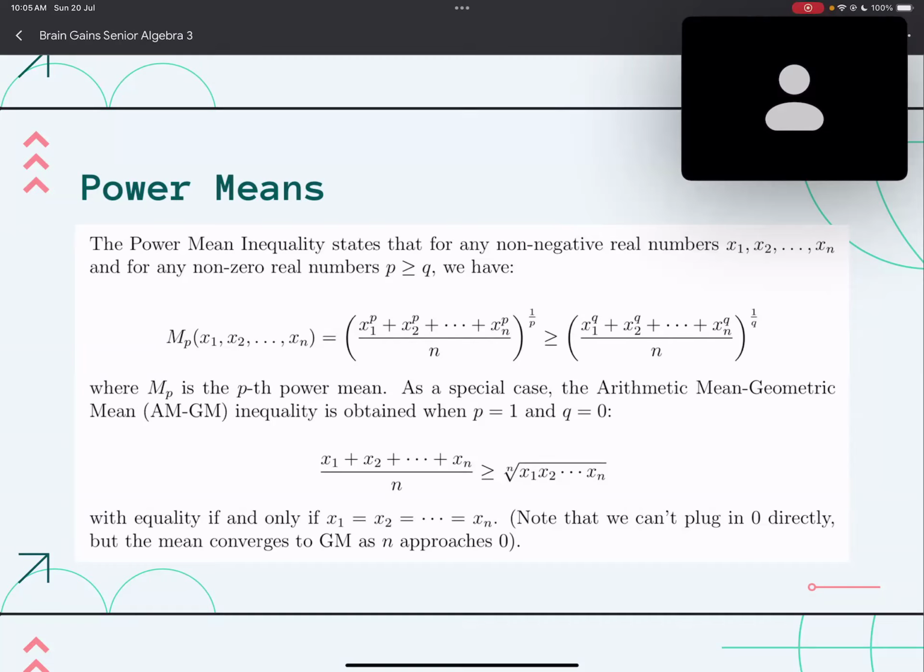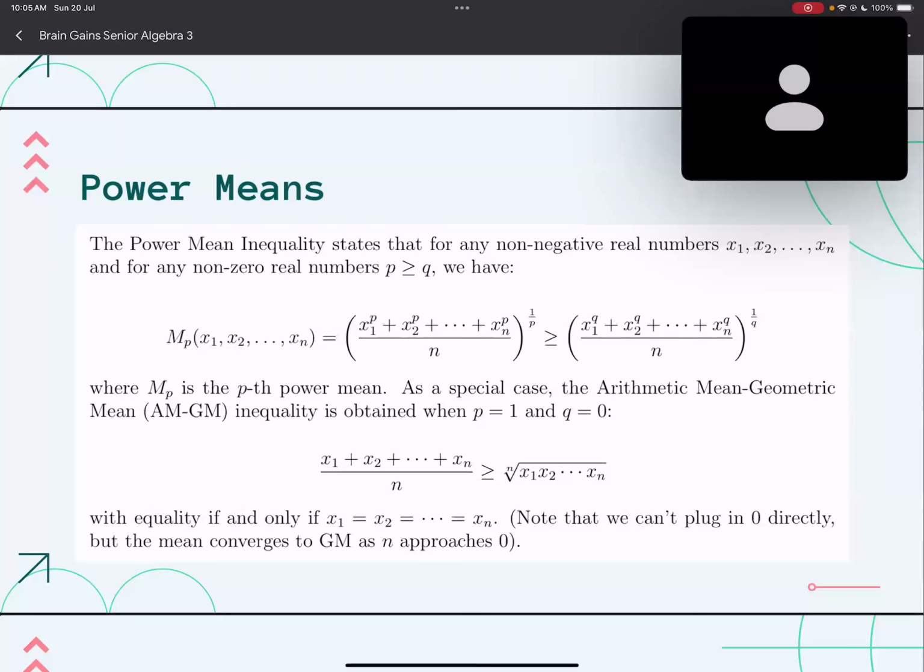And then if you plug in p equals 1 and q equals 0, then you actually get AM-GM, right? And then if you plug in p equals 2, q equals 1, then you also get something that works, and so on. As long as p is greater than or equal to q and it's not equal to 0, then it will work. Here, we've plugged in q equals 0 as a special case, because you can't divide by 0, right? So we can't directly plug it in, but it does actually converge to the geometric mean.